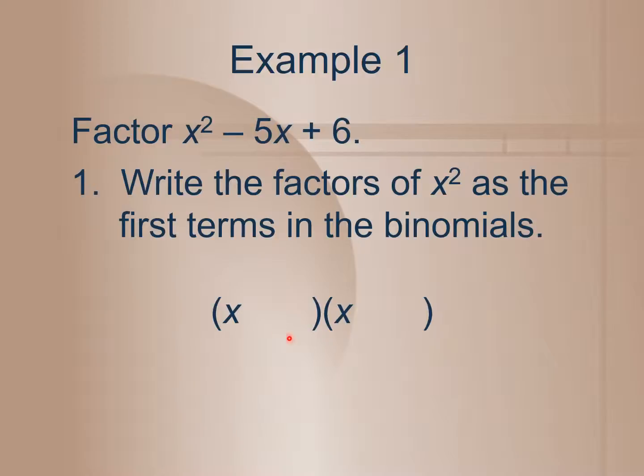Here's going to be our first binomial, and here's going to be our second binomial. We want factors of x squared, so x times x is x squared. That's why we're going to write x times x. Now we don't know what's going to be right here yet, and we don't know what's going to be right here yet. But we're going to find out in just a second.